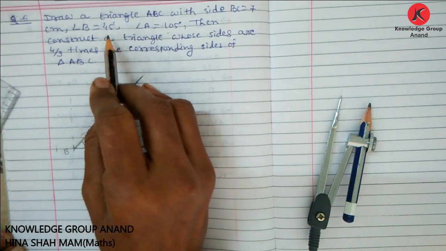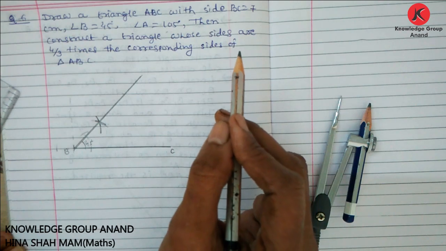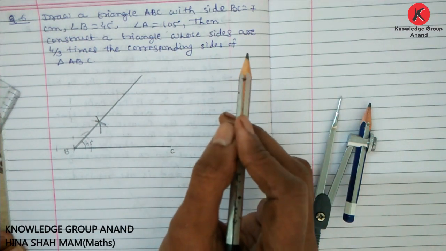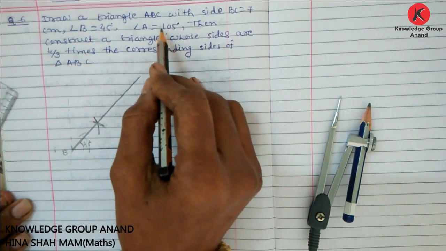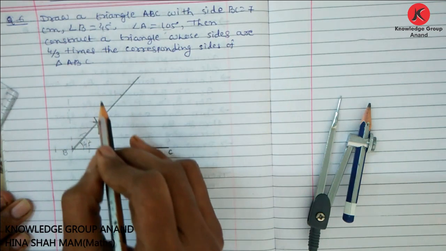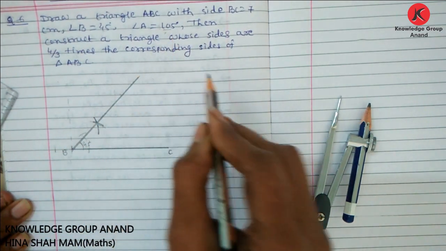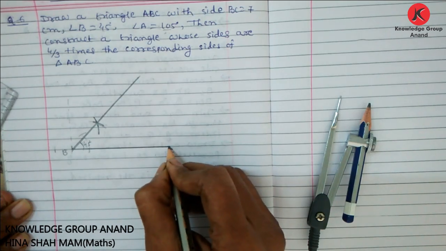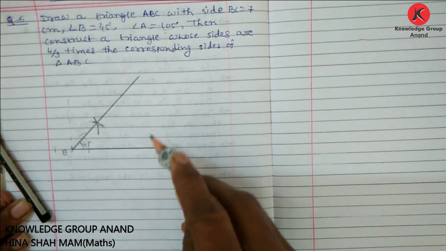Therefore, 105 plus 45 plus angle C is equals to 180. 150 plus angle C is equals to 180. Then angle C is equals to 180 minus 150. 105 plus 45, then 150. 180 minus 150, 30. Angle C is equals to 30. Here we draw angle C is equals to 30.